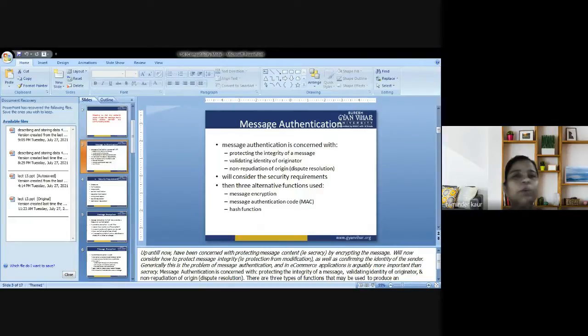If both match, then the receiver accepts the message and assures himself that the message has been sent by the intended sender. If the computed MAC does not match the MAC sent by the sender, then the receiver cannot determine whether the message has been altered or the origin has been falsified.